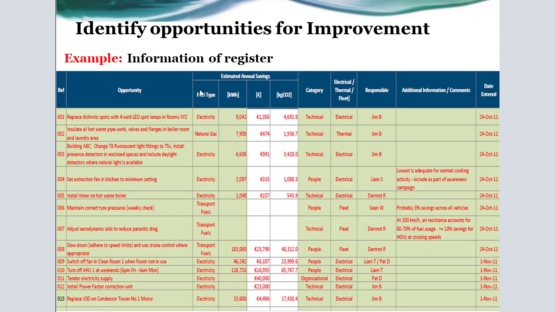Okay, the fuel type is electricity, and the estimated annual saving is 9,042 kilowatt hours, and the annual cost saving is 1,356 euro or dollar, and this represents the reduction in CO2 emissions.